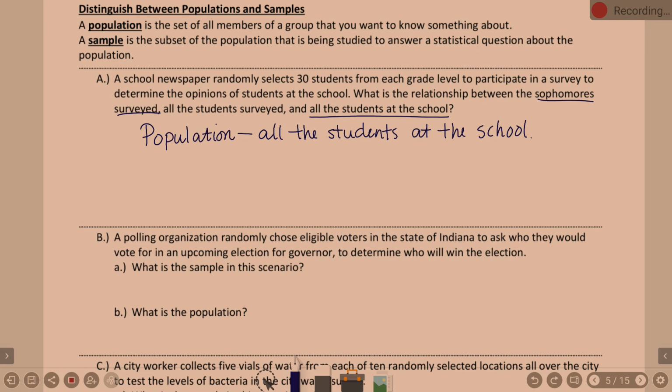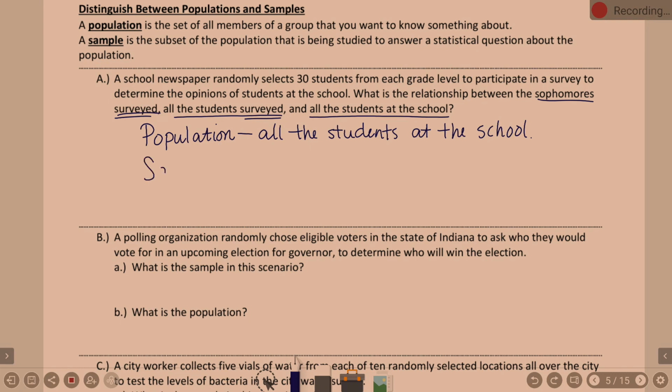When we talk about the sophomores surveyed and all the students surveyed, the key is that the groups that are actually surveyed are your samples. Whether random or not, we're not talking about right now, but those are your different samples.